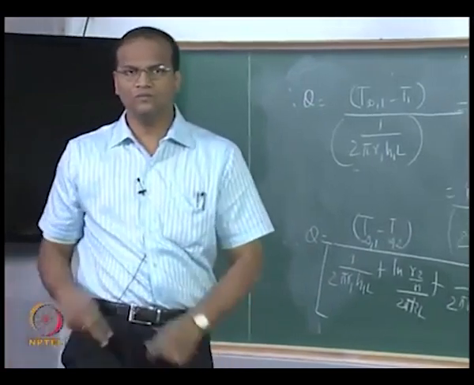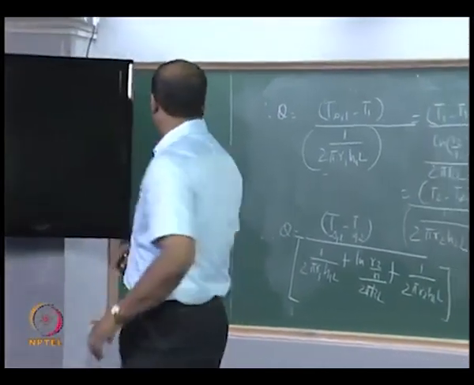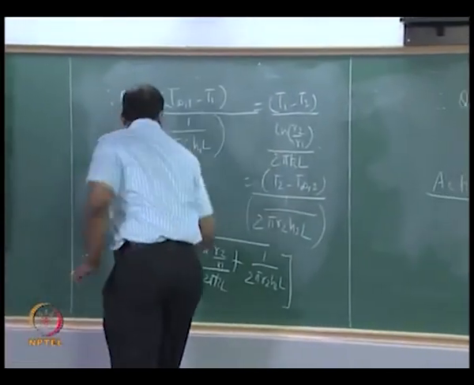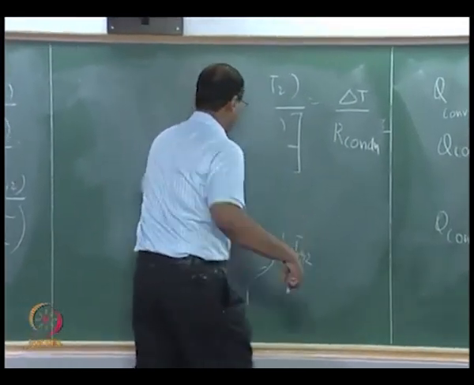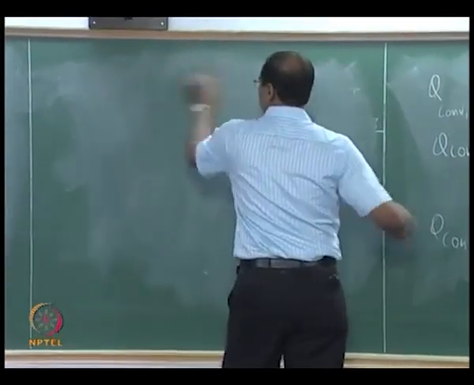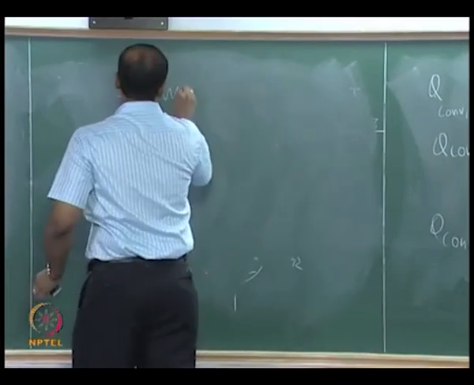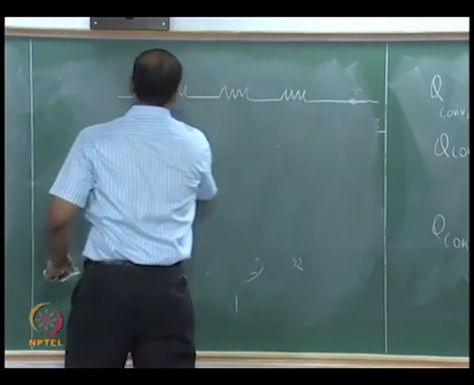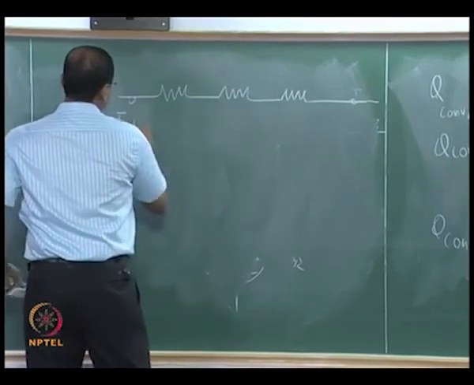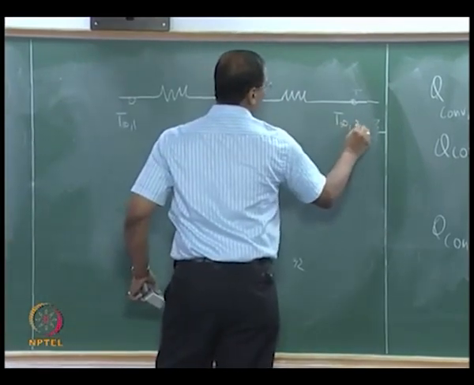So using the concept of electrical analogy, we can say you have the potential difference T infinity 1 to T infinity 2.